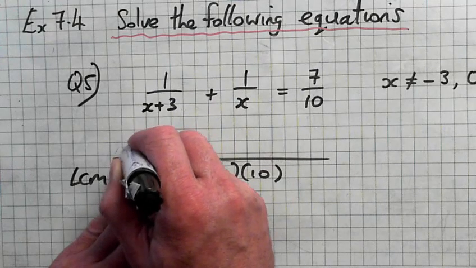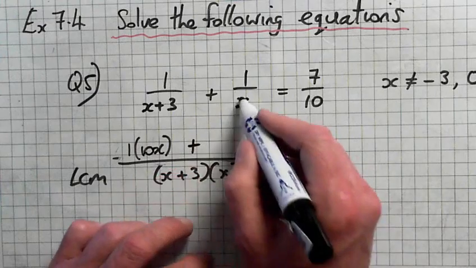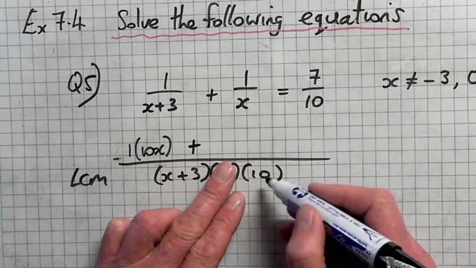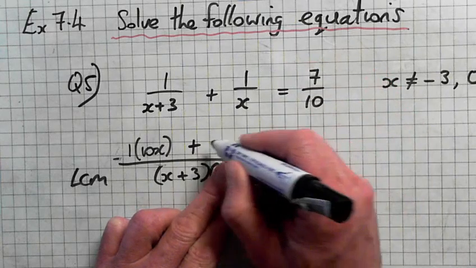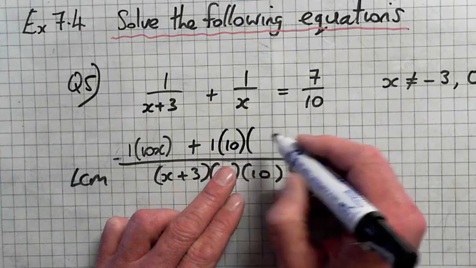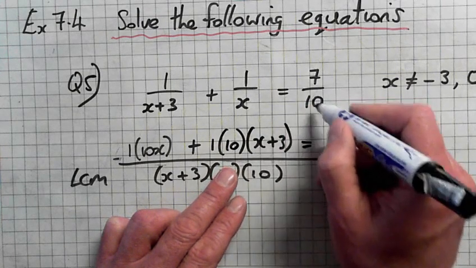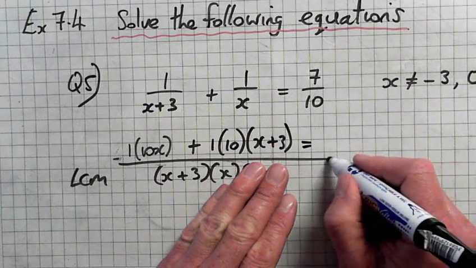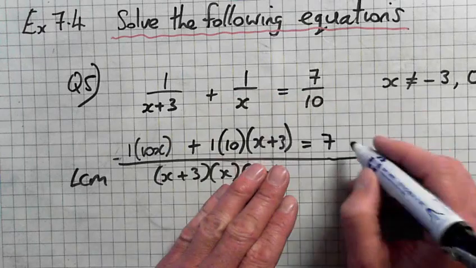So it's 1 times 10x. Plus, divide the x, hide the x. You're left with 10 times all of this times 1. So 1 times 10 times x plus 3 equals, divide 10 into this. X by x plus 3. So yeah, it's 7 times x by x plus 3.